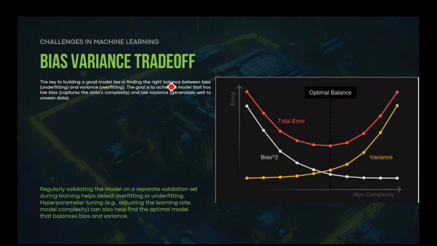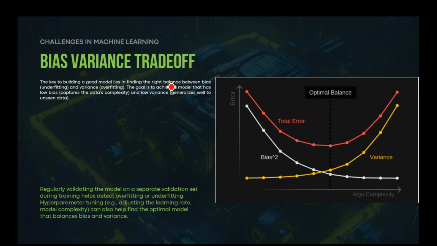The bias variance trade-off is a fundamental concept in machine learning that describes the balance between two types of error. So what are those types of error? We have bias and variance. What is bias?